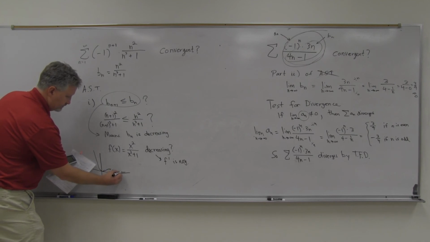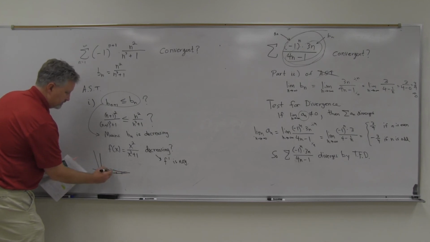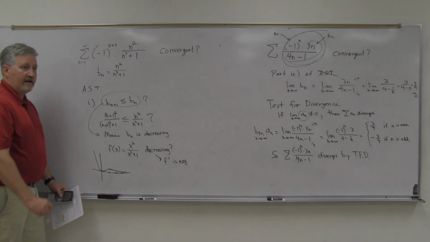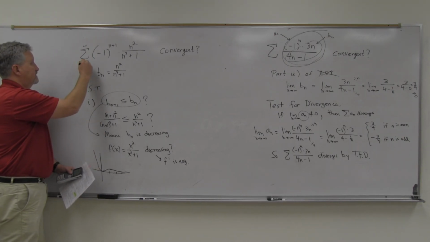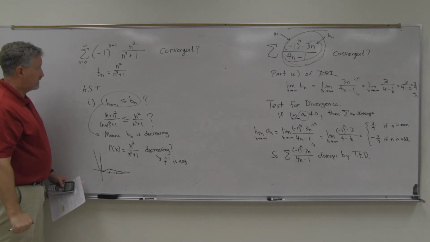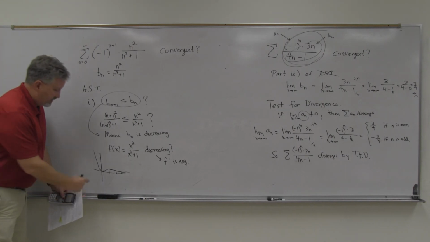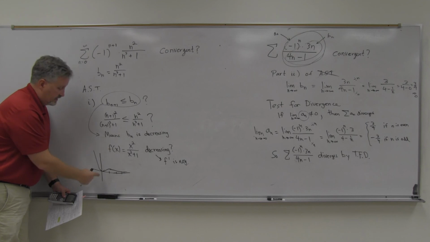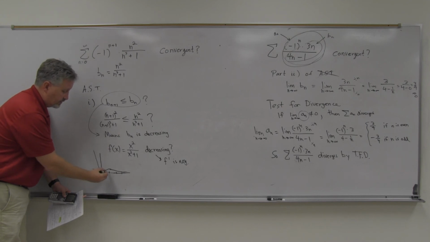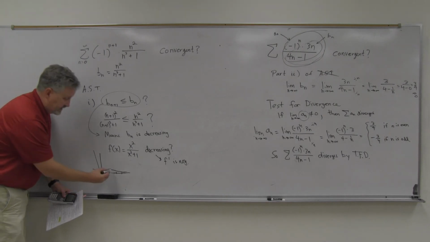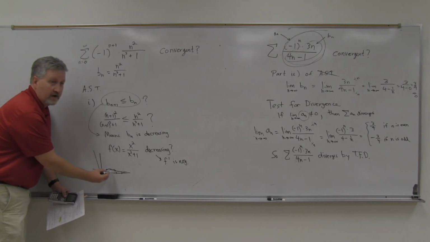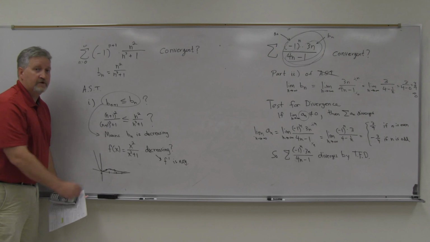At 1, say I go from n equals 0, 0 to infinity. 0 to 1, it actually increases there, right? Then it starts decreasing somewhere between 1 and 2.